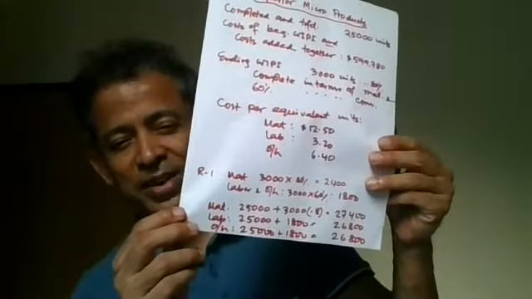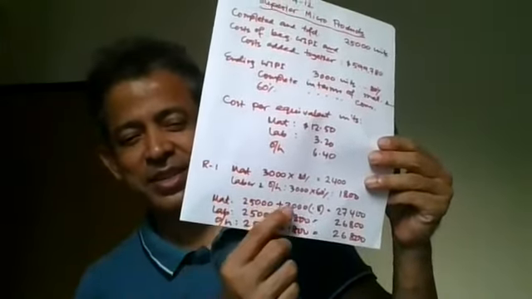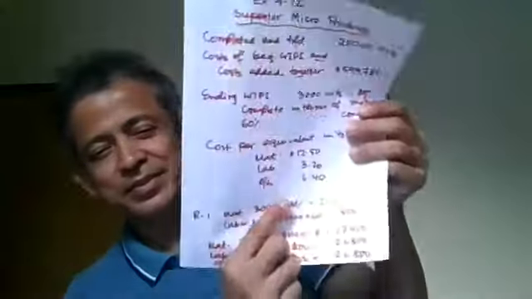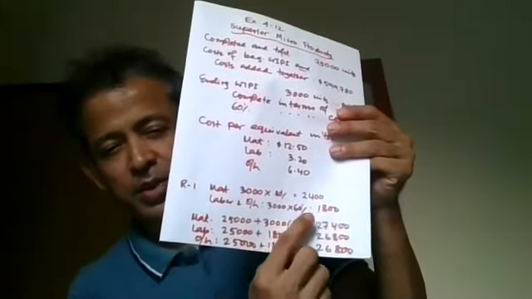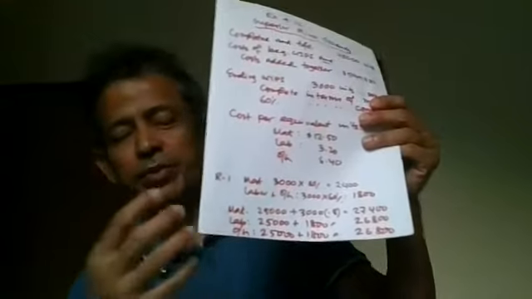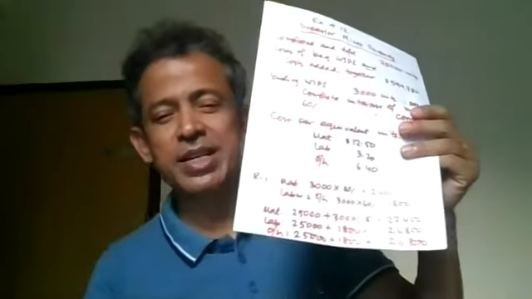The first one I already have, remember, 3,000 times 0.8 is 2,400, and 3,000 times 0.6 is 1,800. And then the total production.